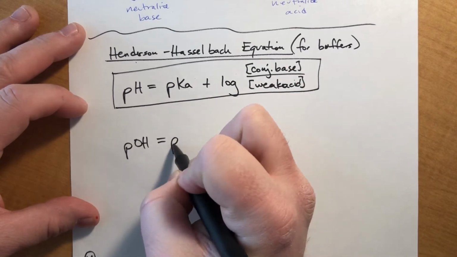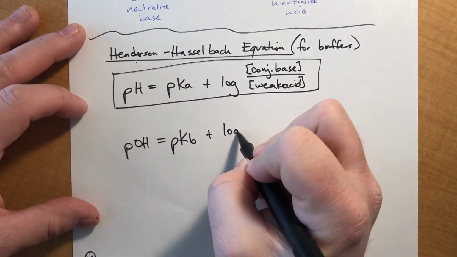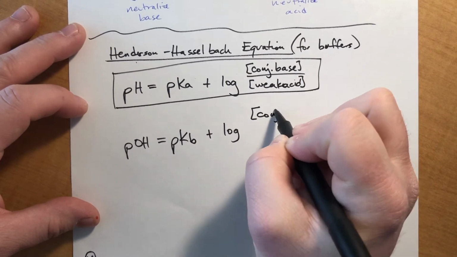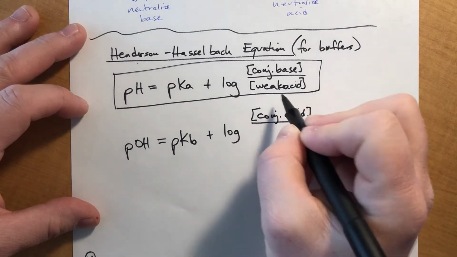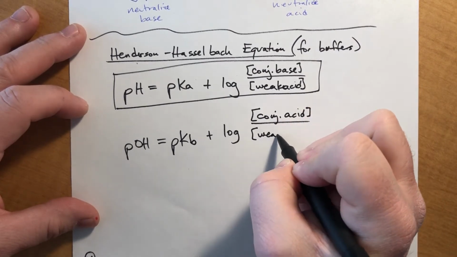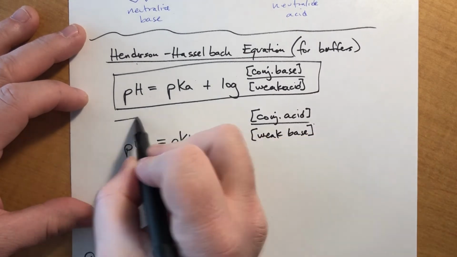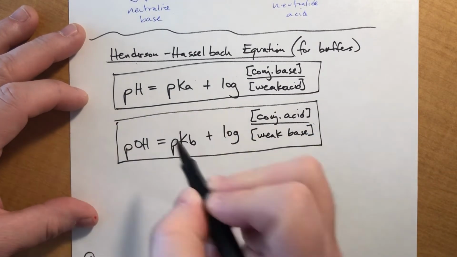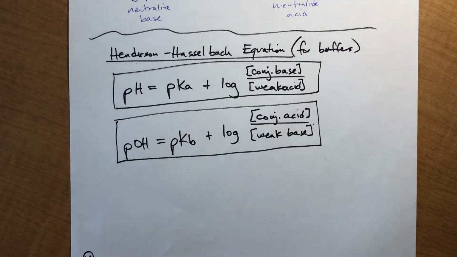If that's pKa, this should be pKb. And if that's conjugate base on top, I'll make it conjugate acid. And if it's weak acid on bottom, I'll make it weak base. I kind of literally derived this in the middle of an exam by guessing a little bit. And it turned out to be exactly right. So I'm just going to teach it to you now.